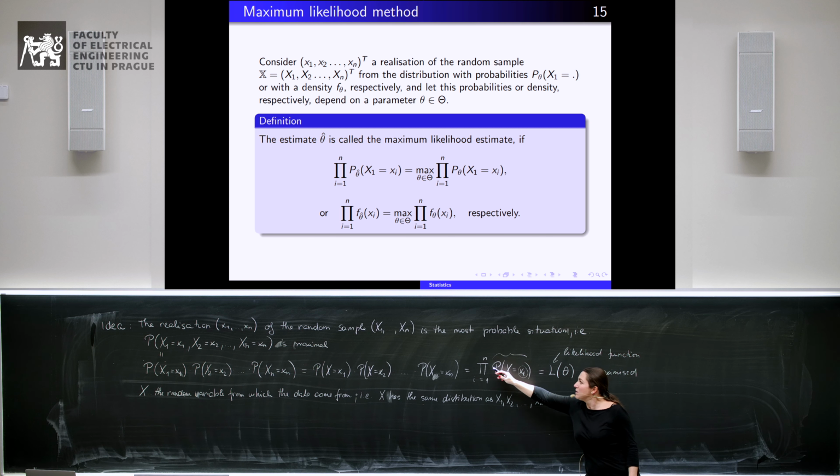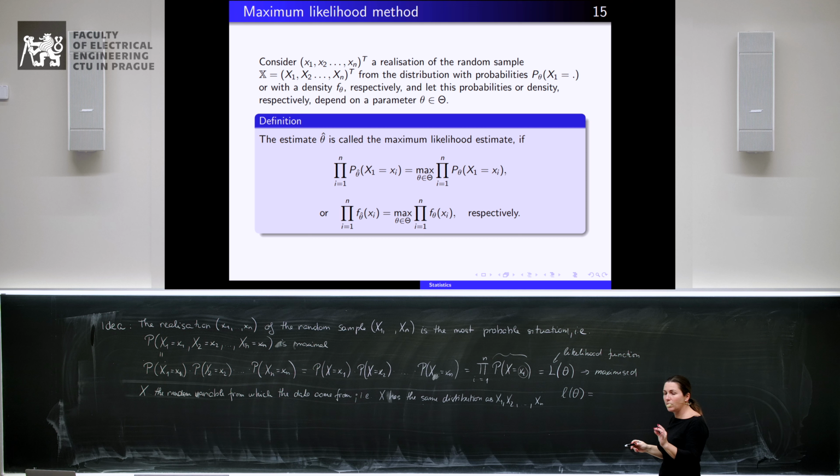But L is quite a crazy product. So instead of calculating the derivative of the product, we would like to calculate the derivative of a sum. And it is possible because when we take an arbitrary logarithm with the base greater than 0, for example, the natural logarithm, of the function, we can maximize this function instead of the likelihood function.